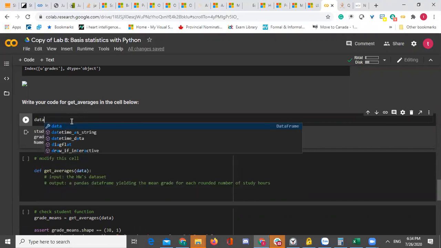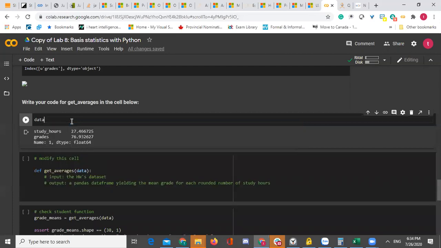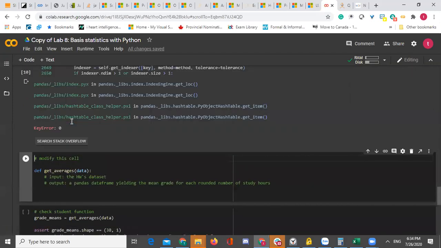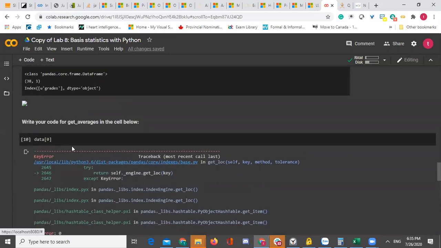you should put data, square bracket, double quote, and the name of the column you want to access. There's a way to access it by just the number though.